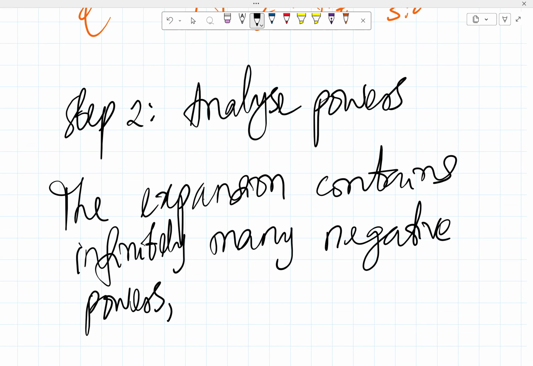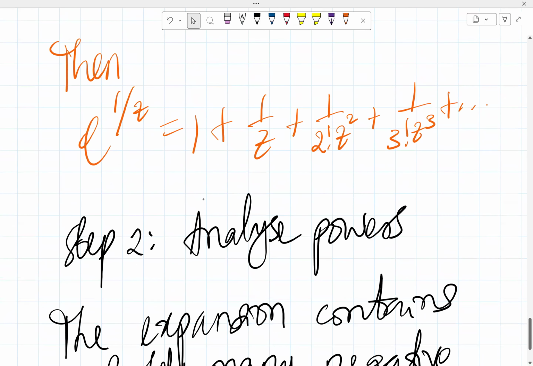Why is that? We have 1 over z, which is z raised to minus 1; 1 over z squared is z raised to minus 2; 1 over z cubed is z raised to minus 3, and so on and so forth. So it is infinite, and it goes on like that.